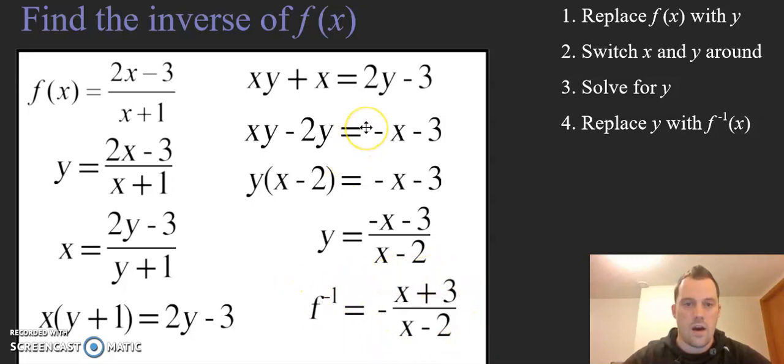Okay. Now, I'm going to do one more slide here with the same problem if you want to look at it. And this would be if instead of moving 2y over to the left, we move xy over to the right. So it's going to look a little different, but if you went that way when you tried it yourself and you got stuck on how to get here, I'm just going to quickly go over that.